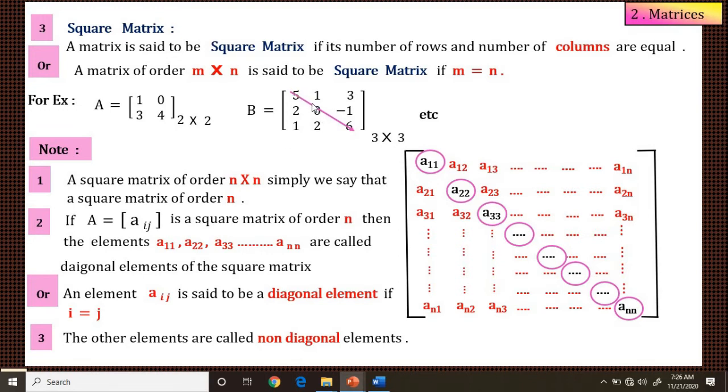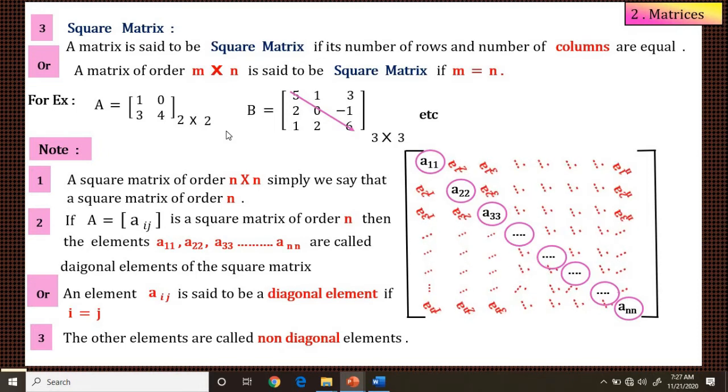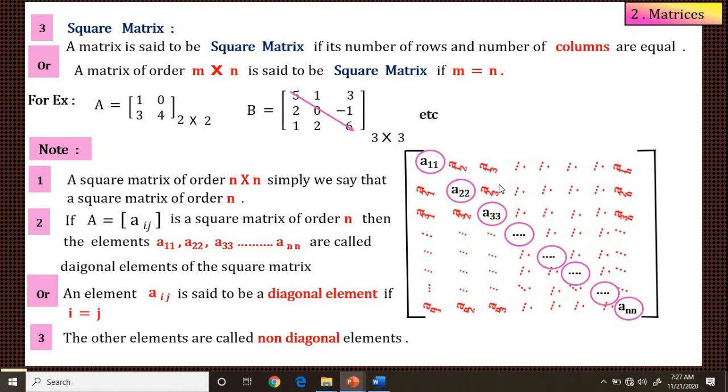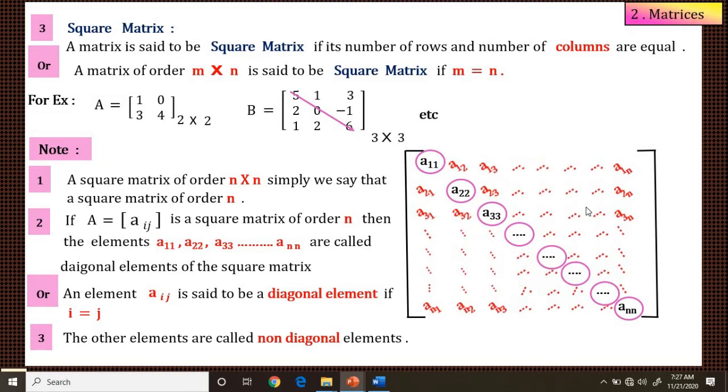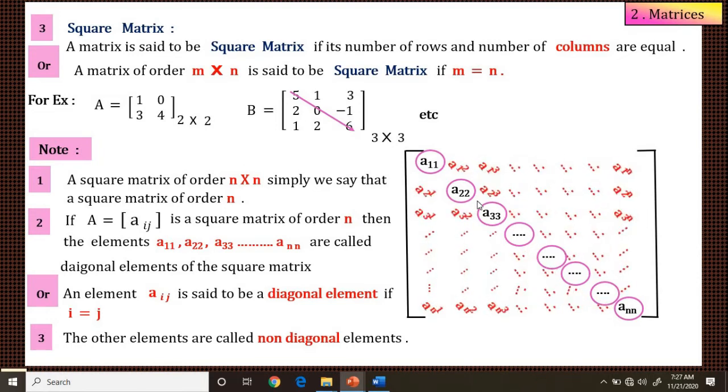Once again I repeat, these line elements are called diagonal elements, and these side elements are called non-diagonal elements. In this second A matrix, 1 and 4 are the diagonal elements, and these two numbers are non-diagonal elements. Here you can see that whatever the numbers are rotating, these are non-diagonal elements in the square matrix.